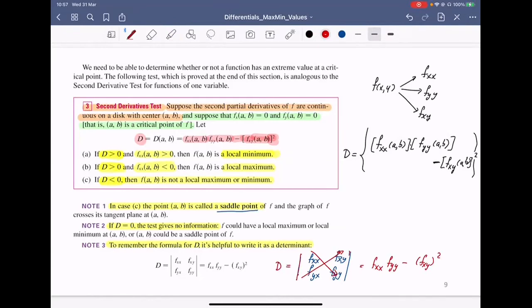Actually, the notation D stands for discriminant. But if you are okay memorizing the formula directly without using the determinant, that's fine. Some people are more comfortable memorizing using the determinant, but it is not mandatory for you.